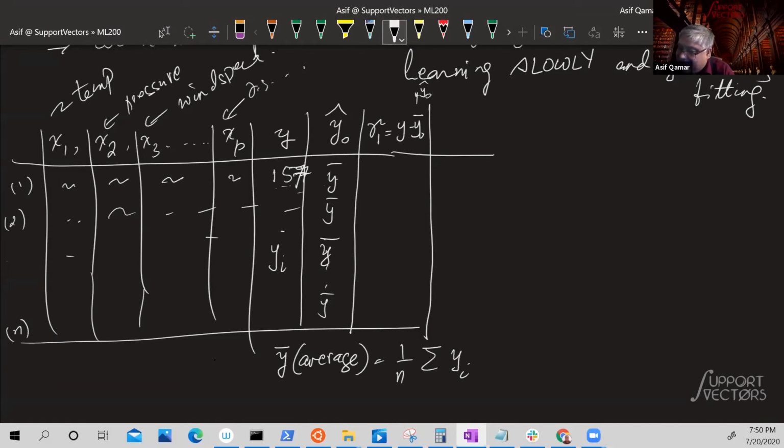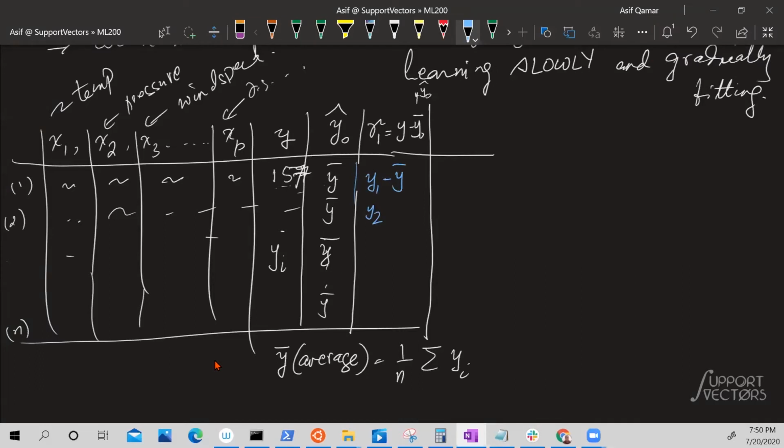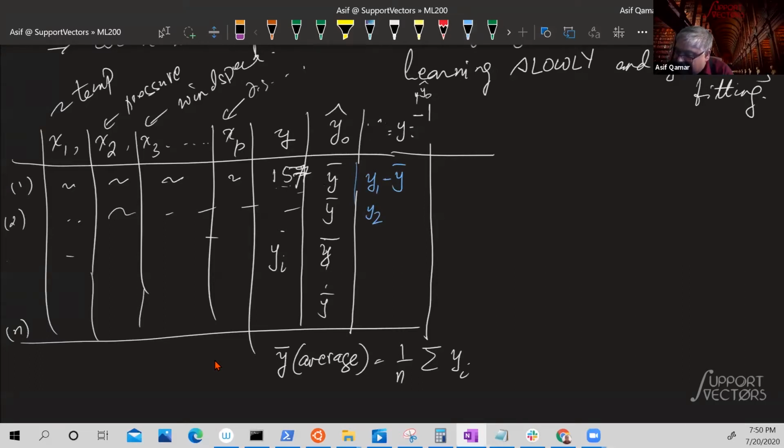Let me just write down a few rows to illustrate this point. Because I'm using the level of the learners, let me use a slightly different notation.